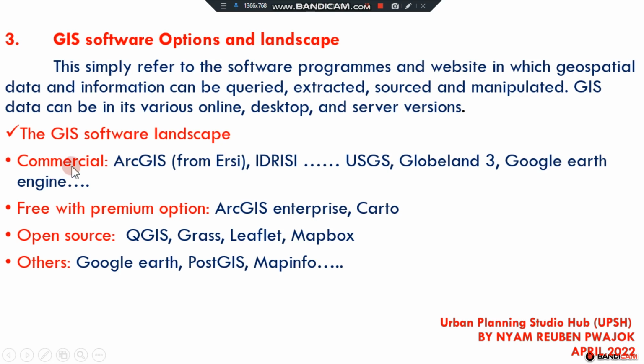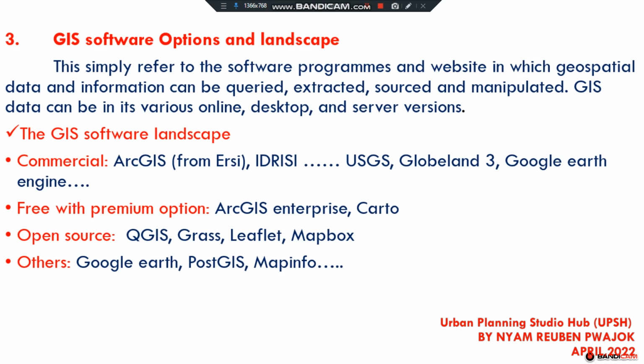Now let's look at the GIS software landscape. We have the commercial GIS. We have companies or institutions like ESRI, Environmental Systems Research Institute. They operate ArcGIS Enterprise, and they also have the cloud space, ArcGIS Online. We have IDRISI, we have the USGS, we have the Global Land Cover, we have Google Earth Engine. All these are commercial platforms from which GIS data could be sourced.